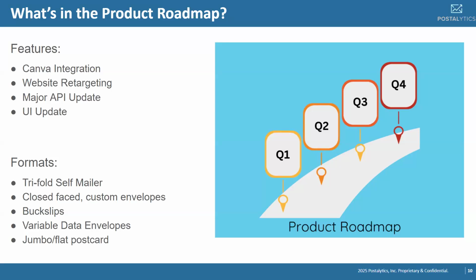And so it will enable third parties and organizations that want to do custom work using Postalytics as a direct mail engine to do way more advanced things. And so we're excited to support that.